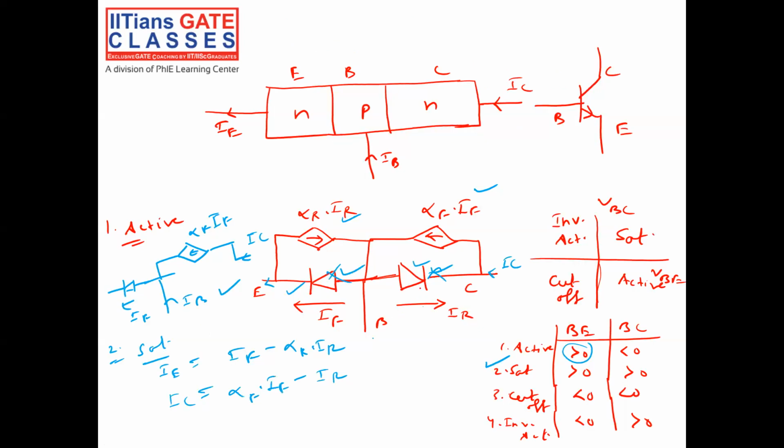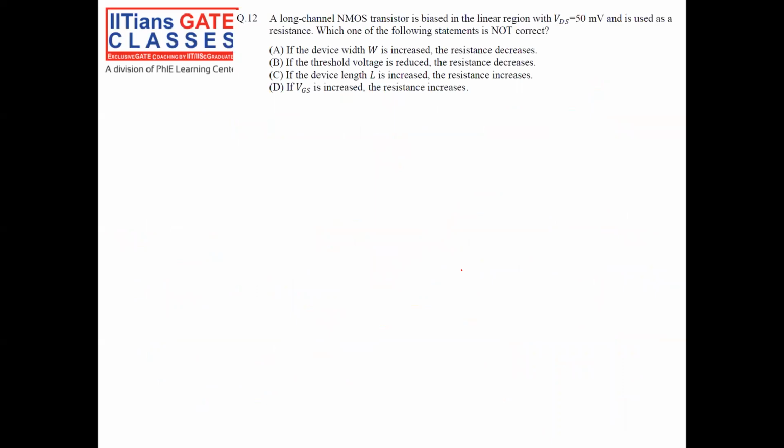Okay, so let's go to the next question. A long channel NMOS transistor is biased in the linear region with VDS of 50 millivolt, and is used as a resistance, right?